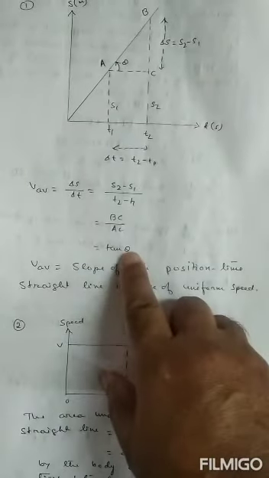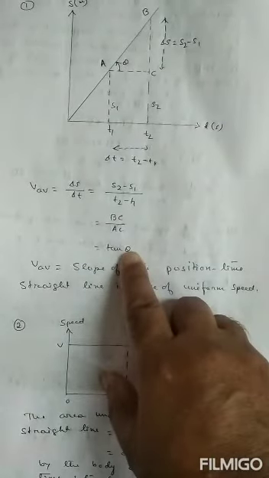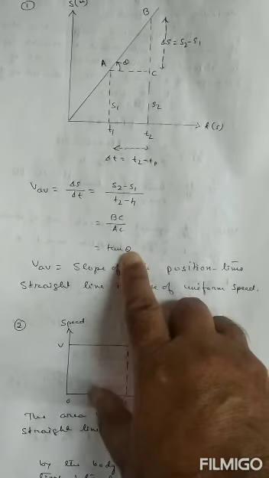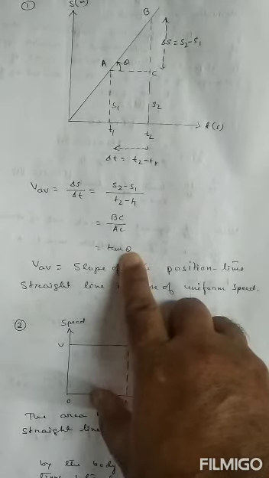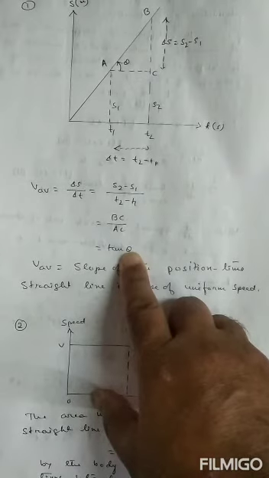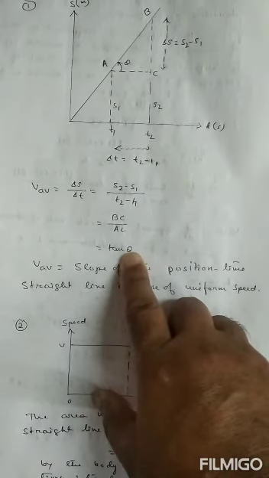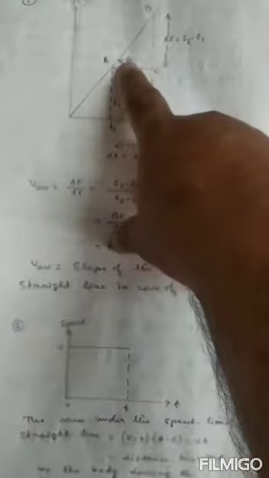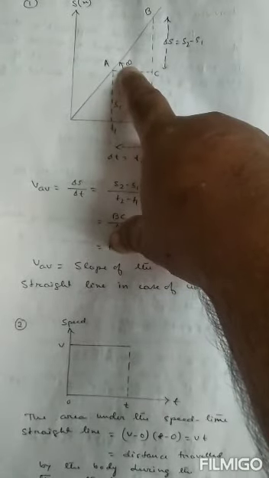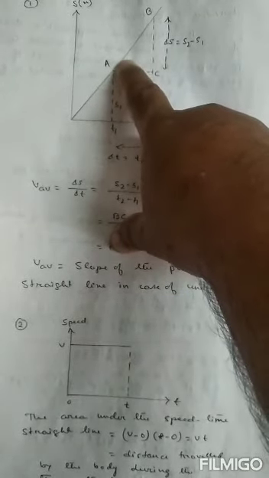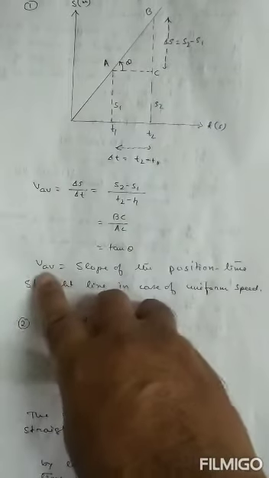As a result, tan theta, which is also called the gradient or slope. So the slope of this straight line gives us the average speed.